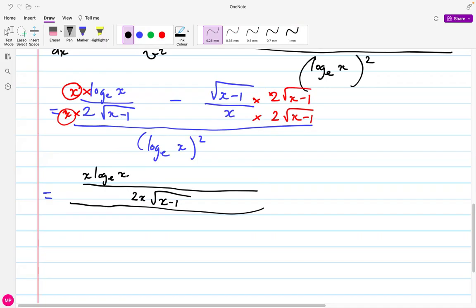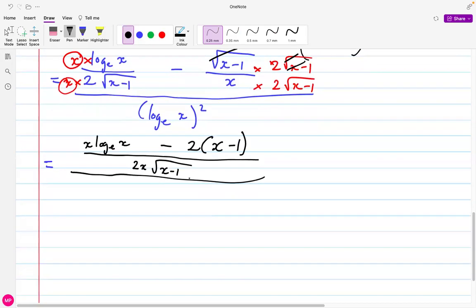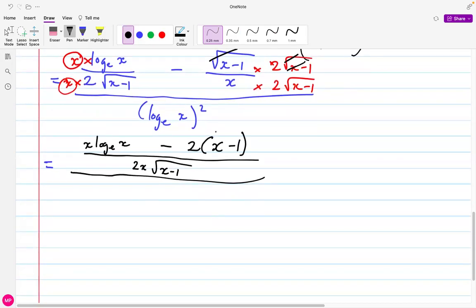So x log a of x, you have it here, minus root of x minus 1 times 2 root x minus 1, the 2 right to the front, and root x minus 1 times root x minus 1, the root and the root cancel out. We only have, it goes back to the original, which is x minus 1. Okay, and then this is the whole thing on the top, then divided by log a of x squared.